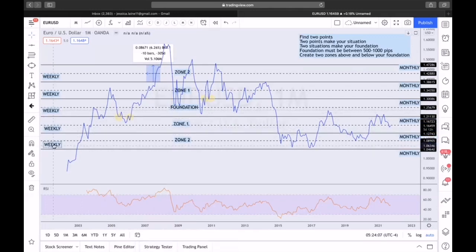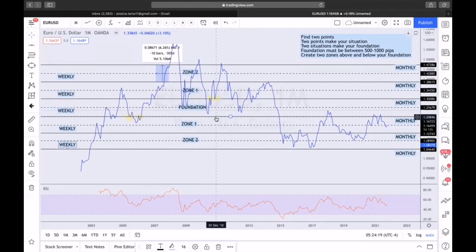Now, if you come to a different currency pair, I would say definitely try to find the foundation levels in the central portion of your chart, just so you have room to go above and below. If not, then try to find it as close to current price as possible, okay?